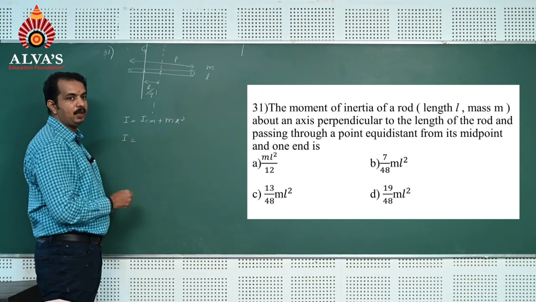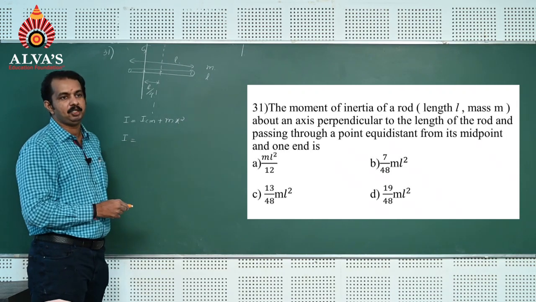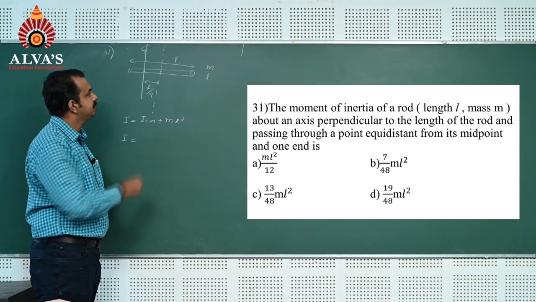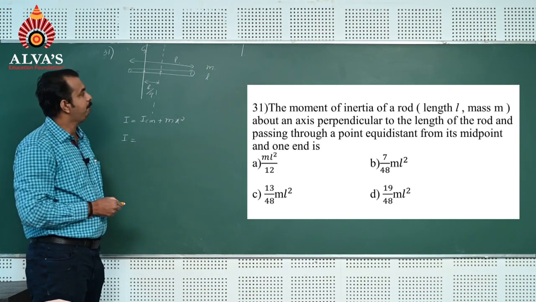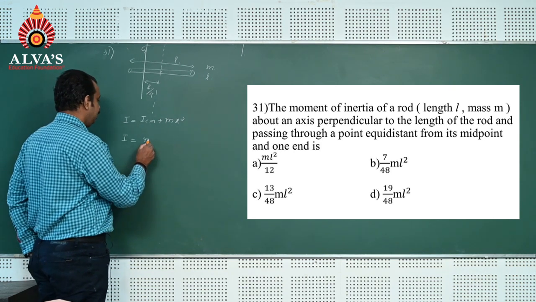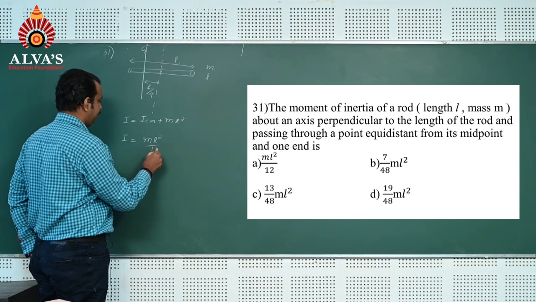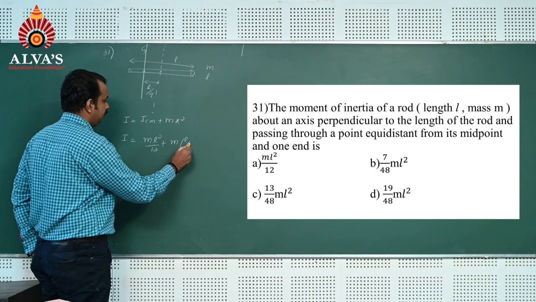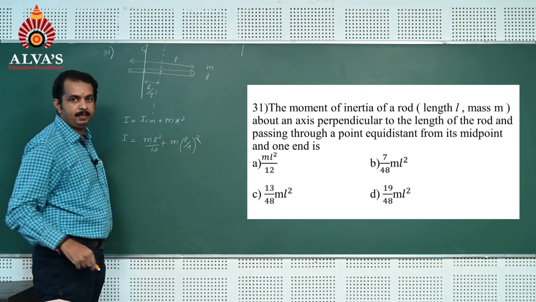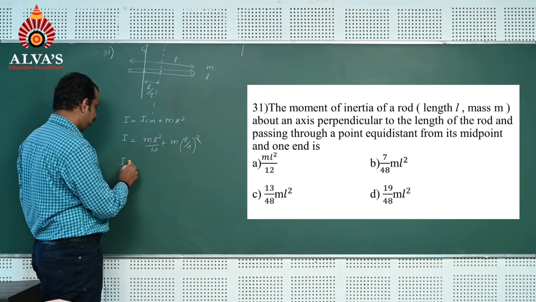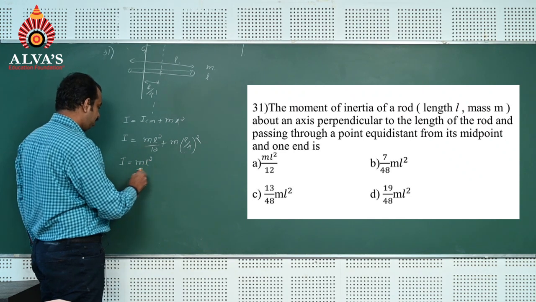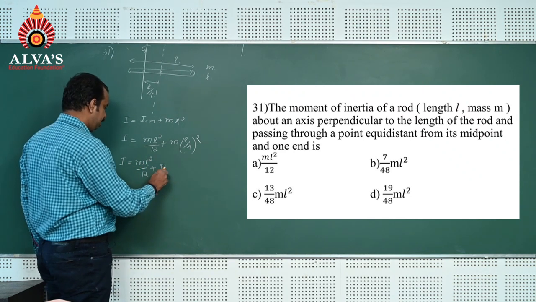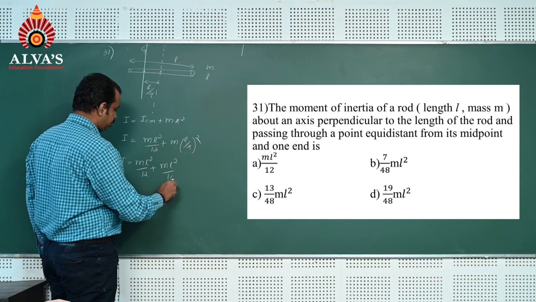I is equal to ICM, the moment of inertia of the rod about an axis passing through the center and perpendicular to the length, which is mL square by 12, plus m times L by 4 whole square. That is I is equal to mL square by 12 plus mL square by 16.